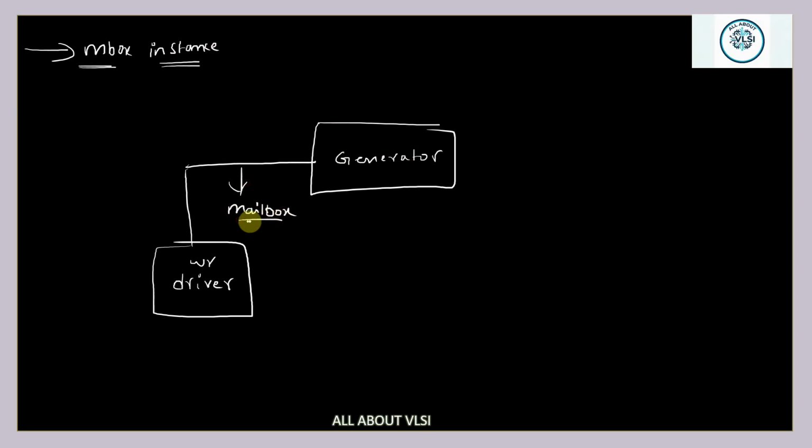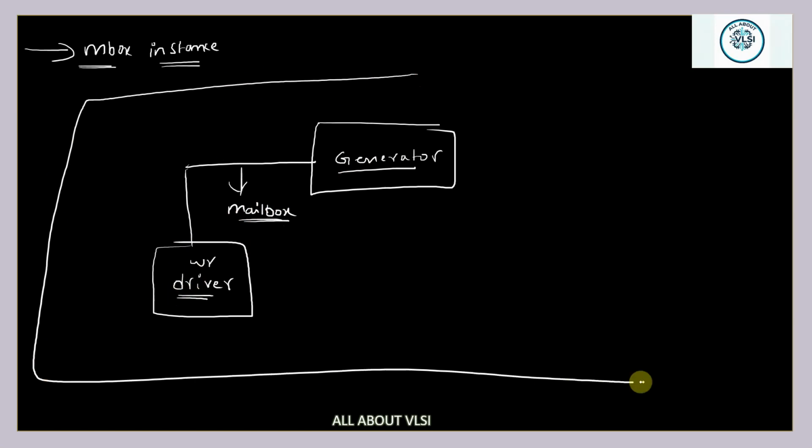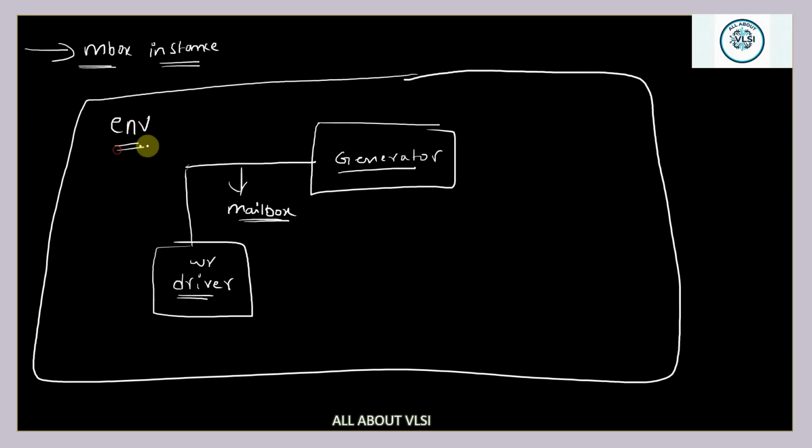Now, the mailbox instance we should not create in the generator, or in the write driver. We should create the instance of the mailbox in the top of these two modules, that is nothing but my environment. Environment is going to have generator and write driver, right? So that's the reason the mailbox instance is created in my environment.